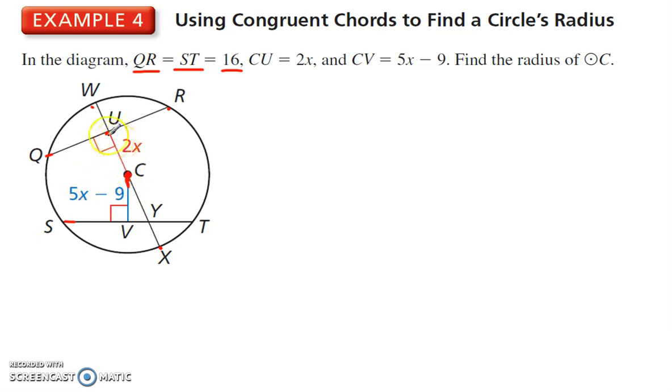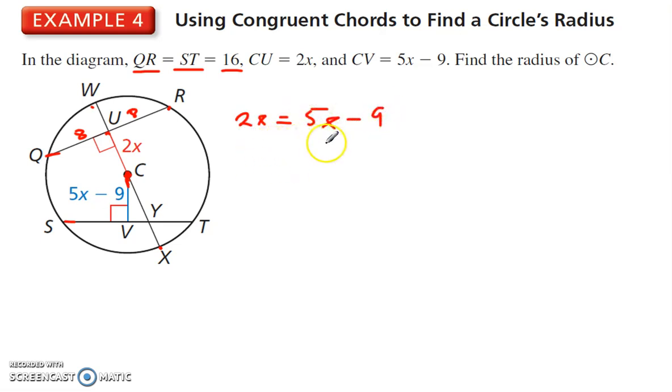But first let's put in what we know. We know that Q to R is 16. Since we have the diameter here and it's perpendicular, we know that it's a bisector, so each section here must be 8. We know that 2x has to be equal to 5x minus 9.